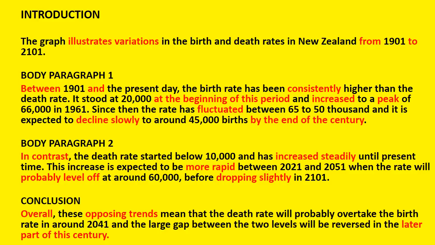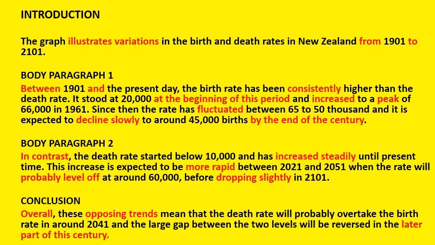Since then, the rate has fluctuated between 65 to 50,000 and it is expected to decline slowly to around 45,000 births by the end of the century. So in body paragraph 1, we have described the birth rate. Now we are going to frame body paragraph 2.